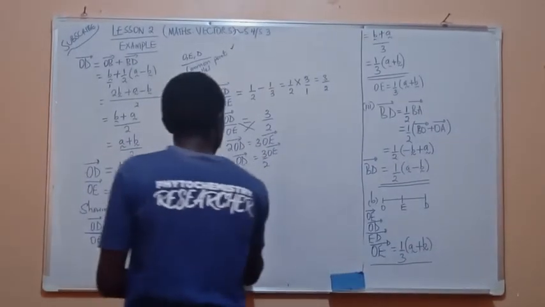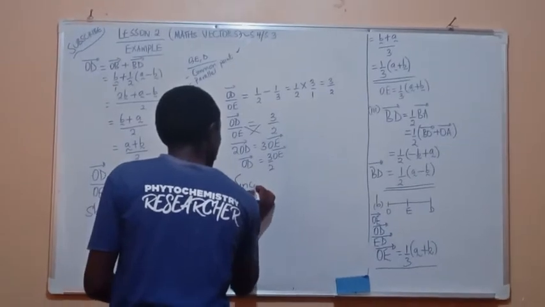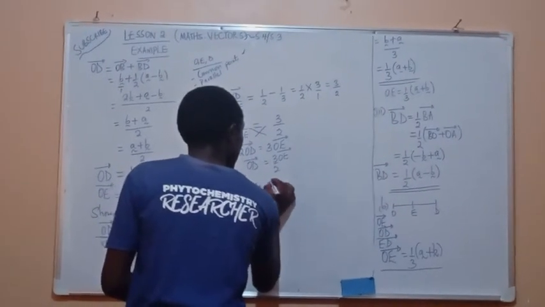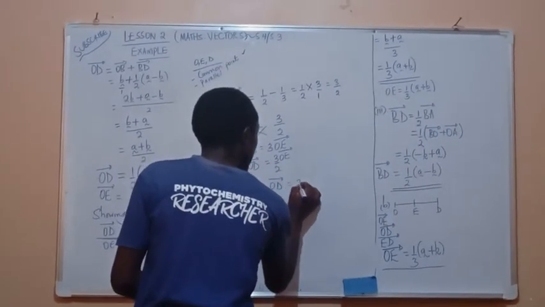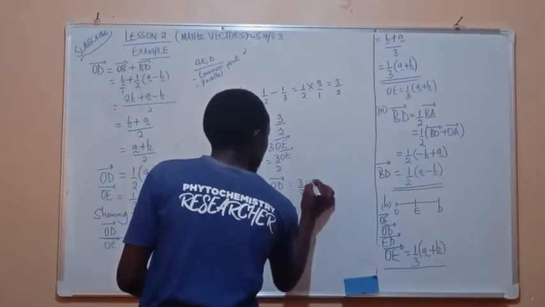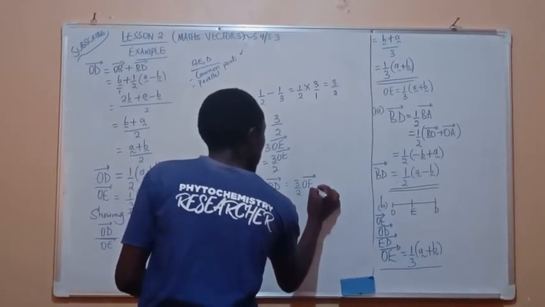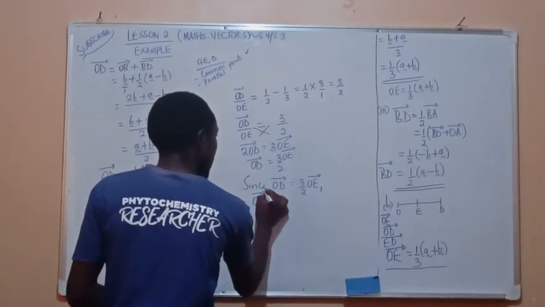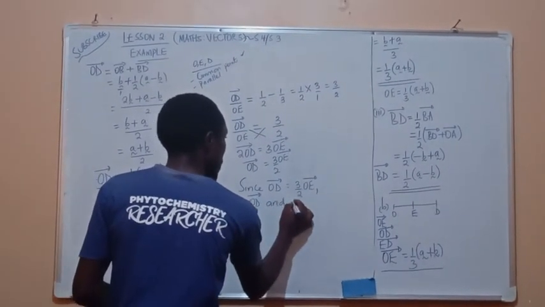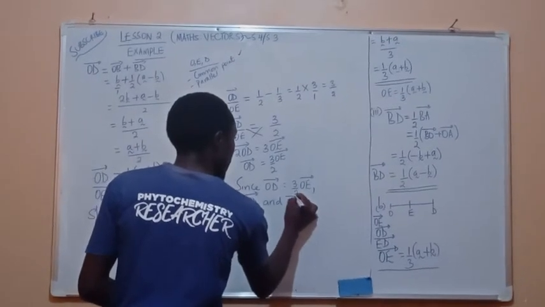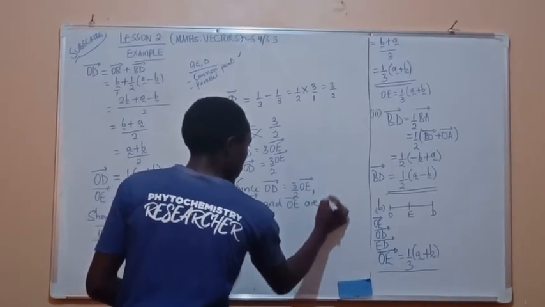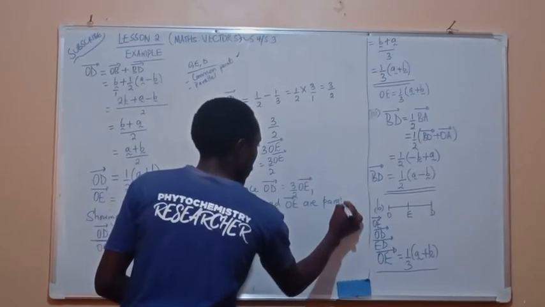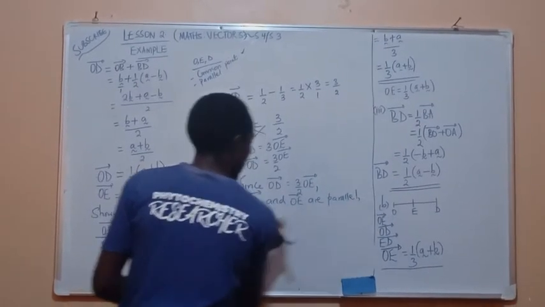So, you'll say, since OD is equal to 3 out of 2 OE, OD and OE are parallel.